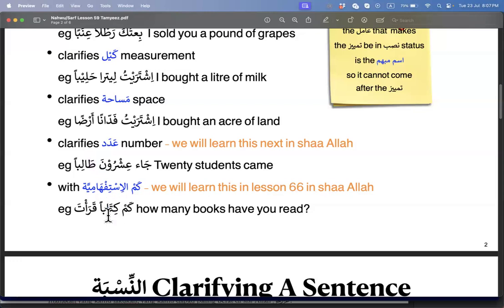So kam kitaban, how many books? Kam yauman, how many days? Kam syahran, how many months? It must come with nasab because kam comes with a tamyiz. So how many books? What about that books? Qara'ta, how many books have you read? You understand? Okay.